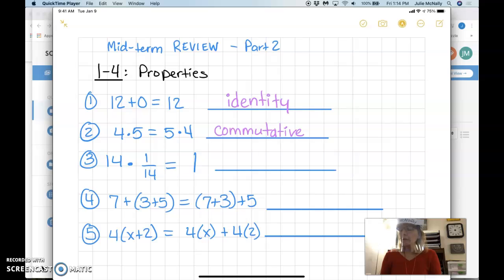So number 3, remember, there's always an imaginary 1 sitting under every number. So what is it called when we flip a fraction? Identity. Starts with an I. You're on the right track.